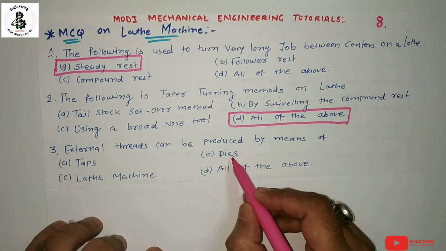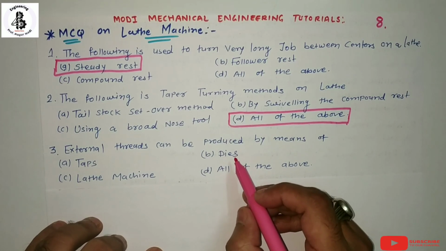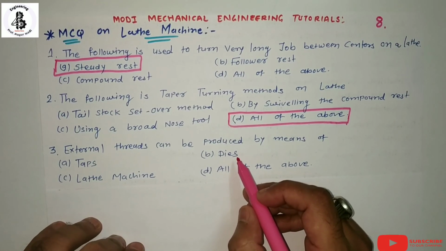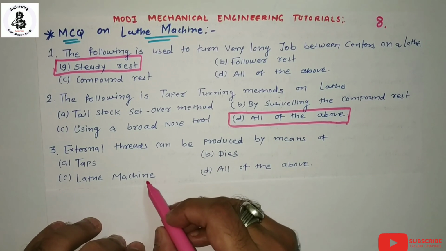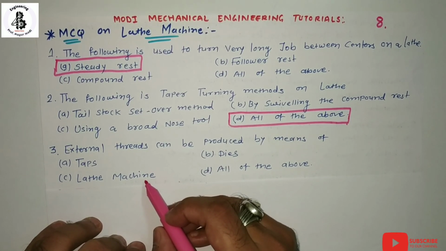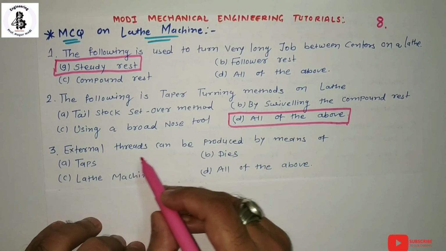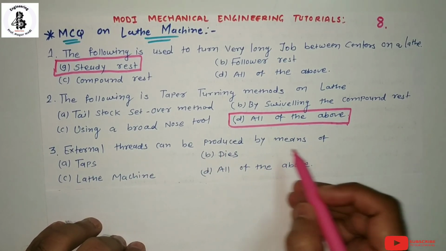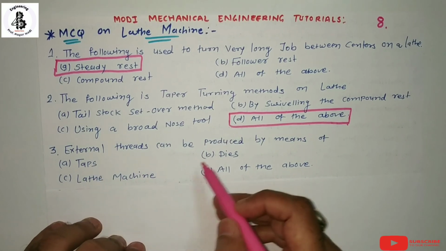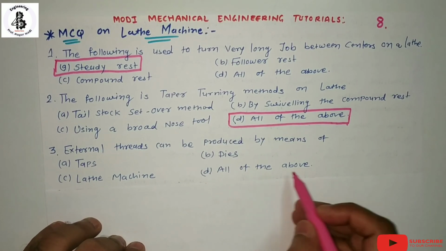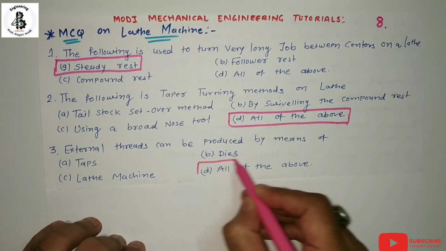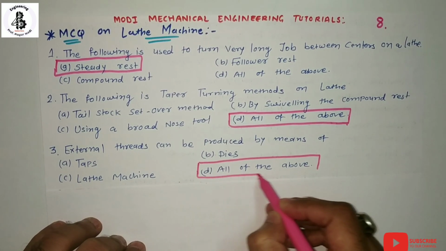Sometimes dies are also used for making threads on pipes, or you can say external threads. And lathe machines are also used for making external threads. So according to this question, external threads can be produced by A, B and C, and D is all of the above. So the right answer is all of the above.